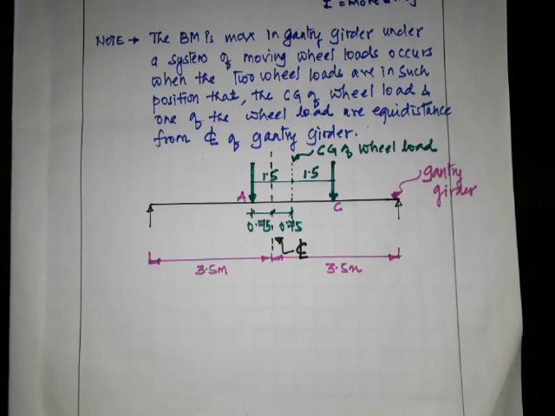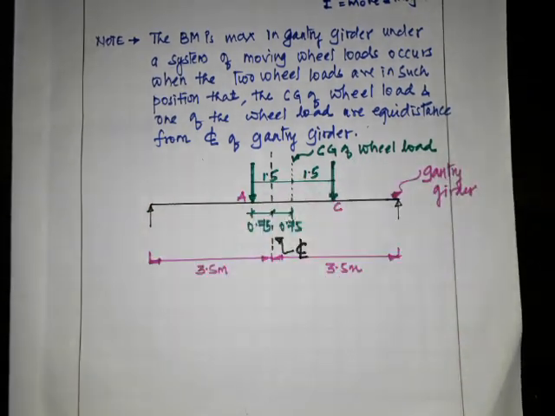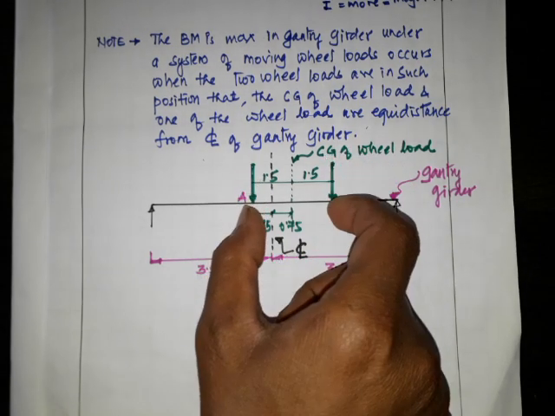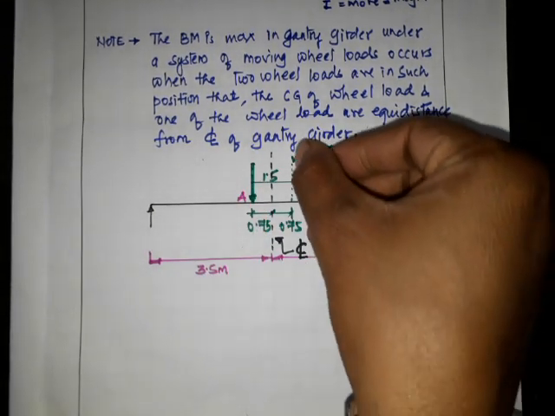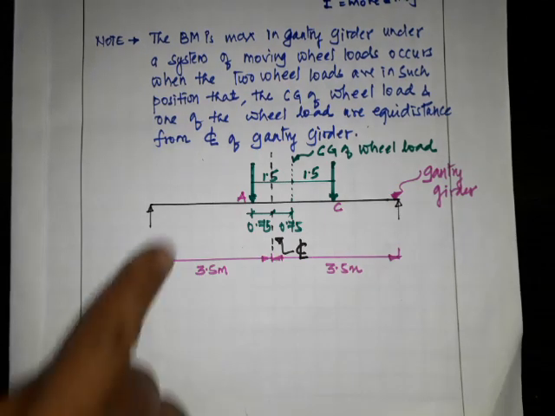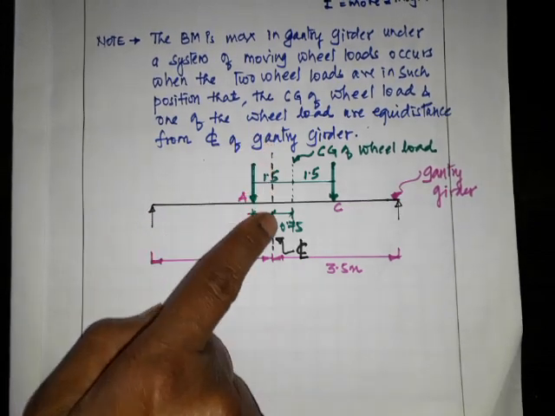So we get maximum bending moment when the wheels of the cranes move over the gantry girder and come to this particular position. This particular position means the CG of wheel load and one of the wheel loads should be at equidistance from the center line of the gantry girder.